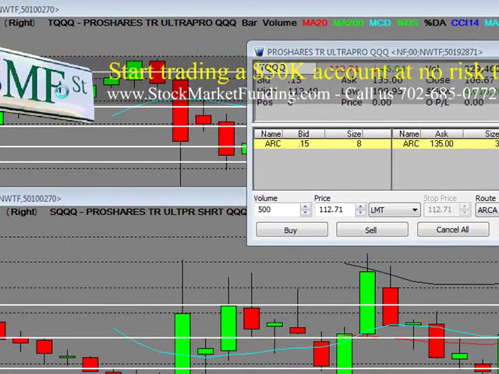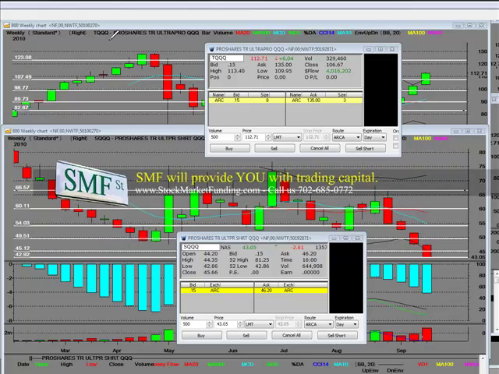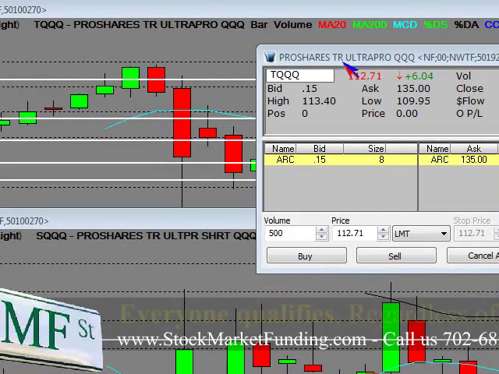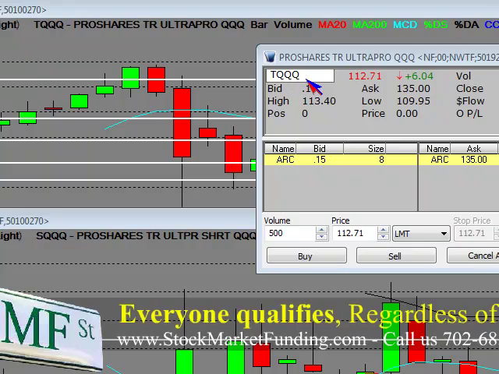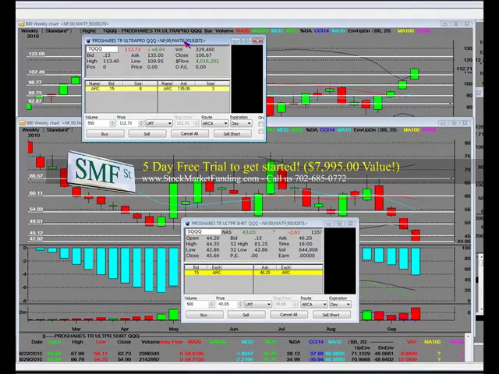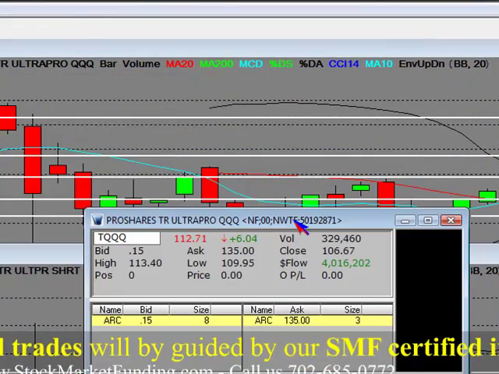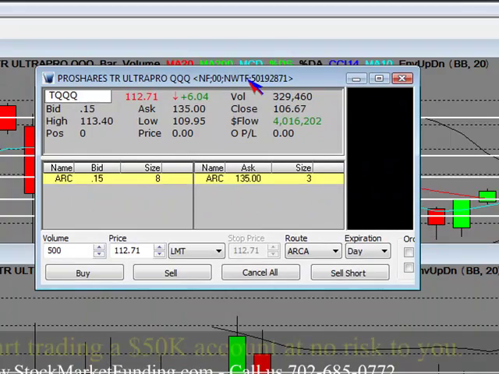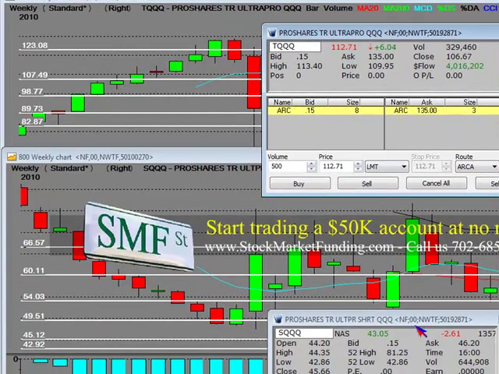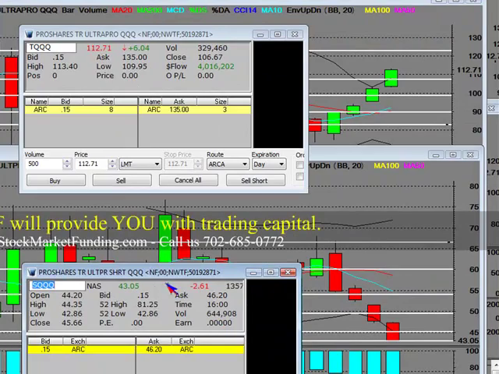MMTs, we're here to address something that needs to be addressed in your trade management, and this is called the TQQQ. It is not an index, it's your actual ProShares that have great movement. The key specific index that I feel pushes these higher is the Nasdaq 100 index.